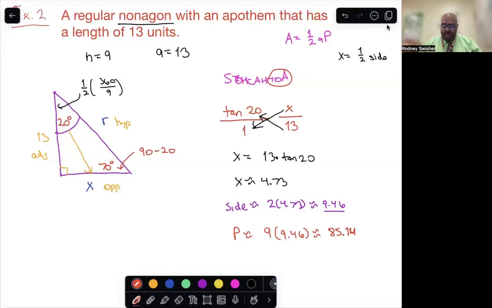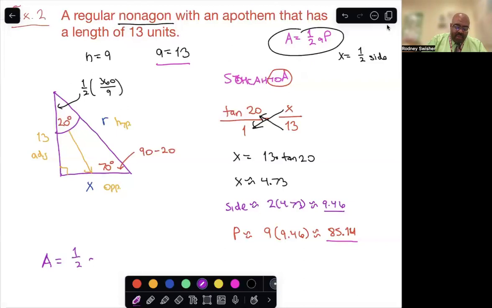And since we have the perimeter, underline that, and since we have the apothem, we can now use our area formula. Area equals 1/2 times apothem times the perimeter. I'm just going to rewrite it: area equals 1/2 times the apothem times the perimeter. And we're just going to fill it in.